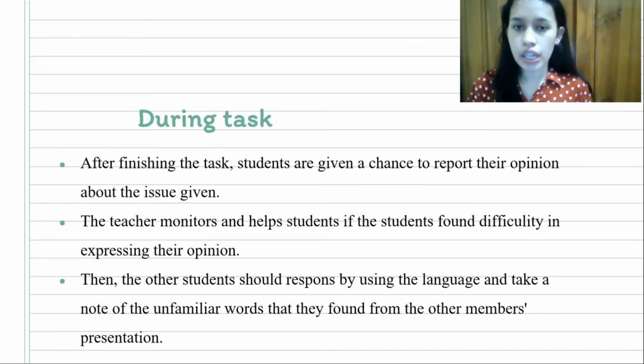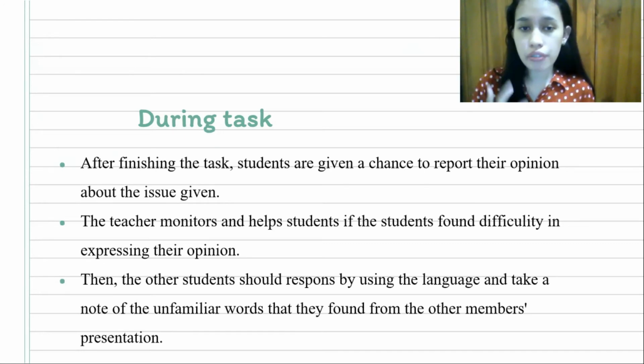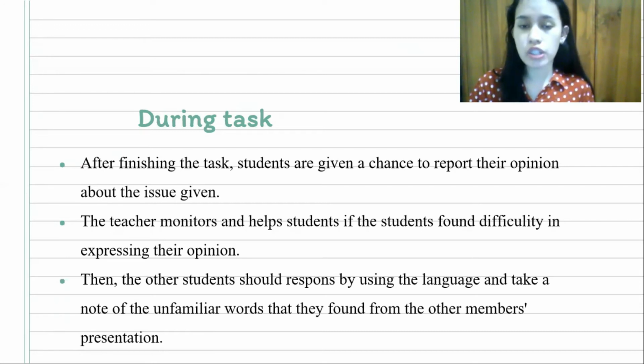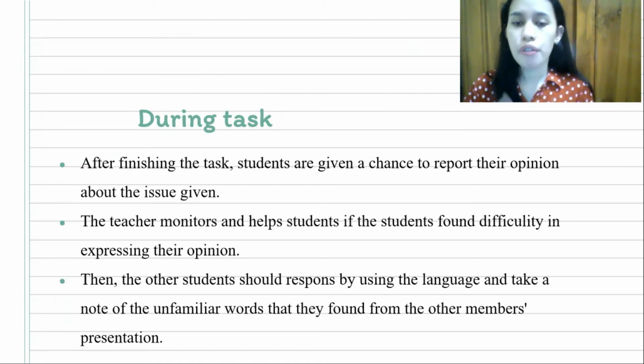During this activity, if the students find it difficult to report or present their opinion about the task given, the teacher's role is needed: helping the students if they find difficulty in expressing their opinion.